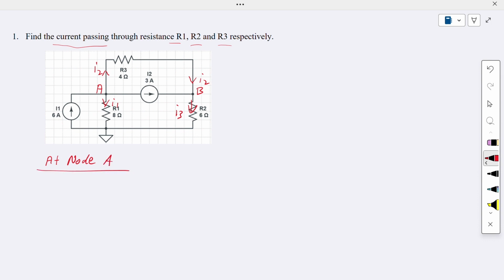At node A, we have 4 currents. The current source of 6 ampere is going into the junction node, so 6 ampere must be equal to the 3 currents coming out, including this 3 ampere. So we have I1 plus I2 plus 3 ampere, which means I1 plus I2 must be equal to 3.